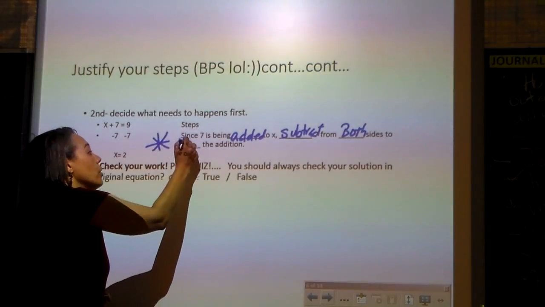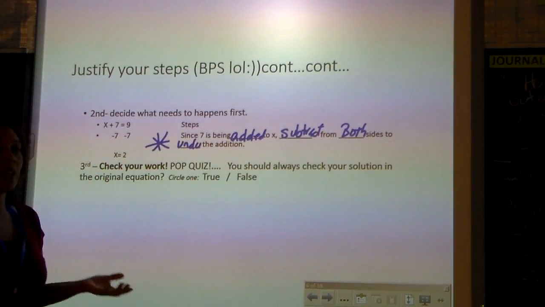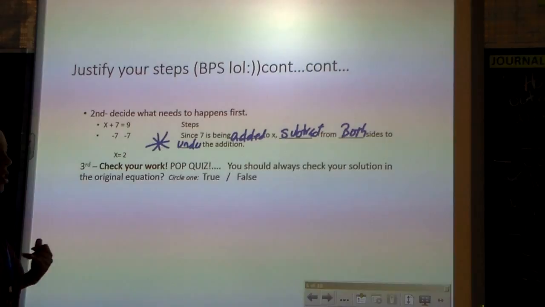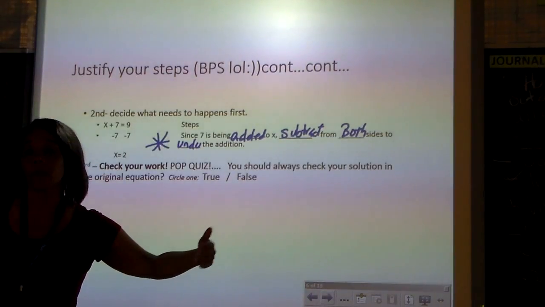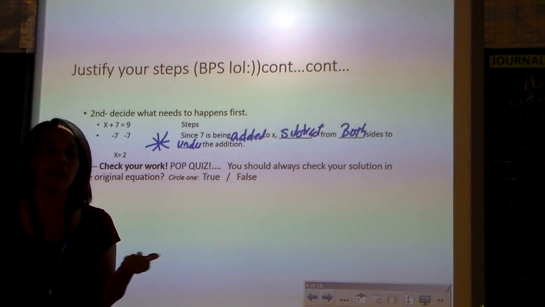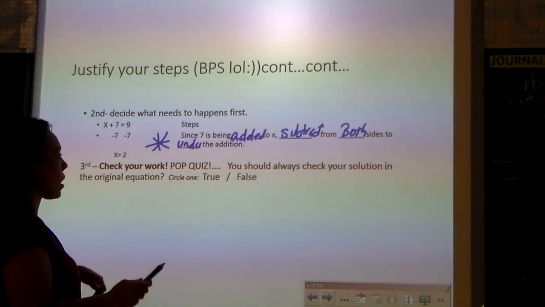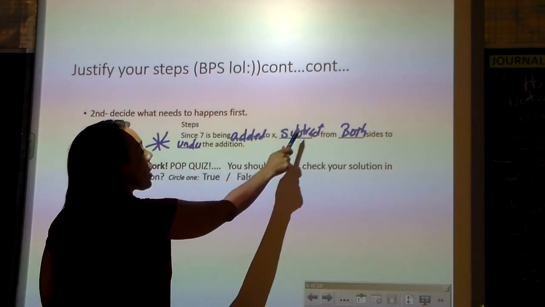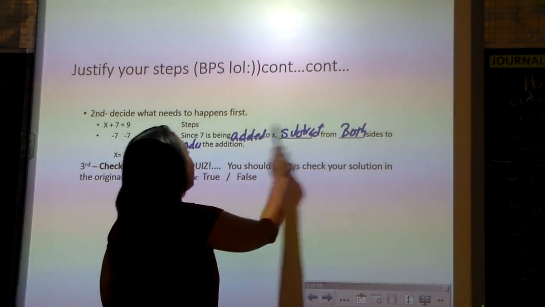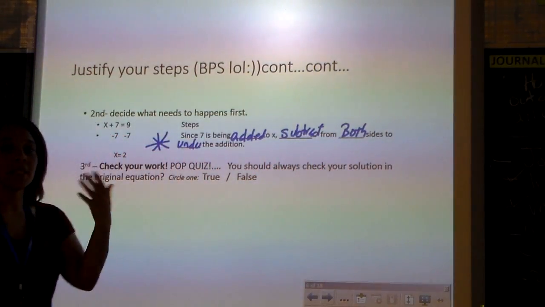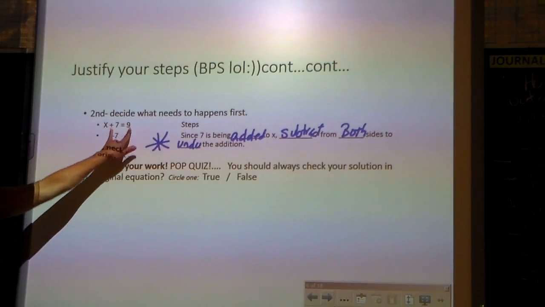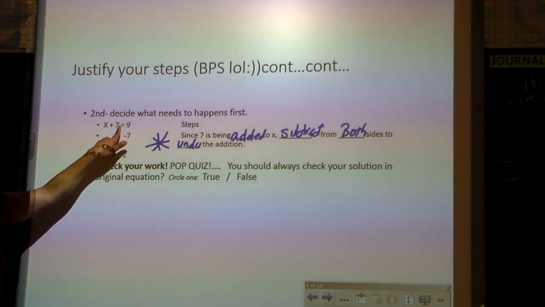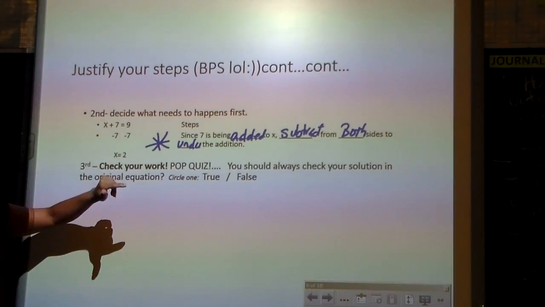to undo the addition. Although in the last screen I just put subtract 7 from both sides, the more proper way to attend to precision is to say this. Since 7 is being added to x, subtract 7 from both sides to undo the addition, because that's what we're doing. We're subtracting 7 from both sides to undo this plus 7 right here.